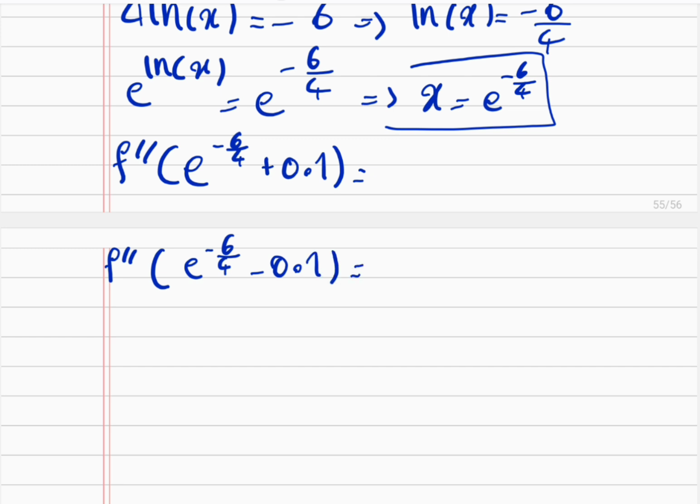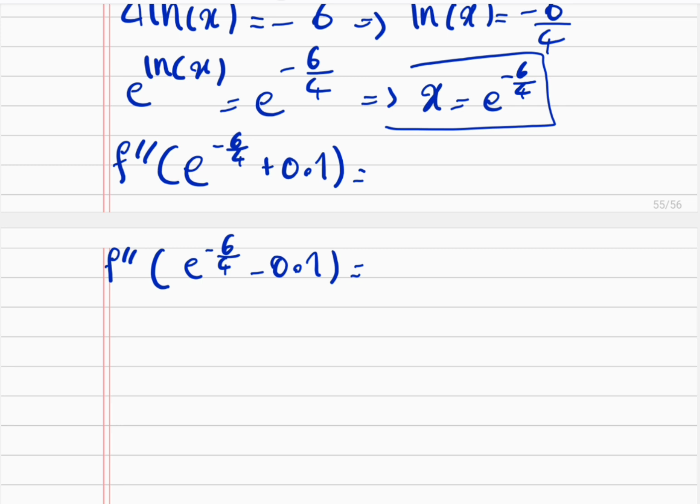This allows us to see if the sign changes, because that is an indicator whether the curve has changed from being concave to convex. So what we are aiming for is to get a negative value for one of them and a positive value for the other one. But there are some cases where we will end up getting two positive values or two negative values, and in those cases that means that point is not a point of inflection.